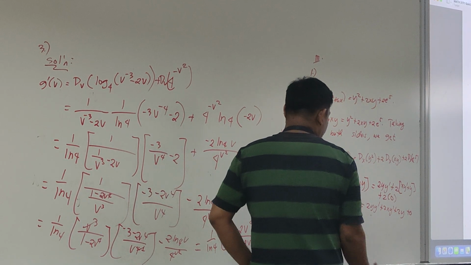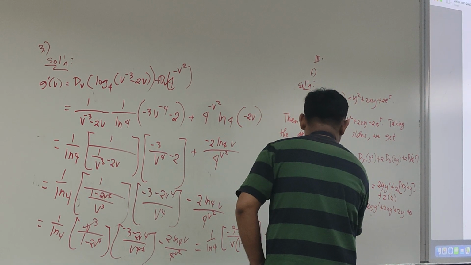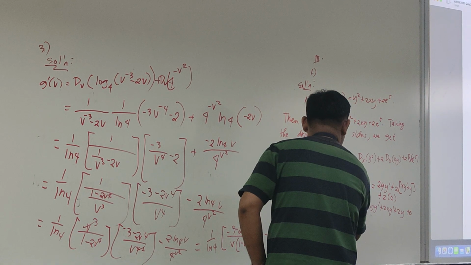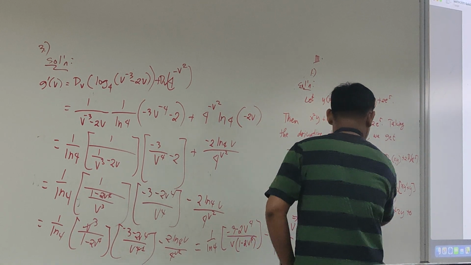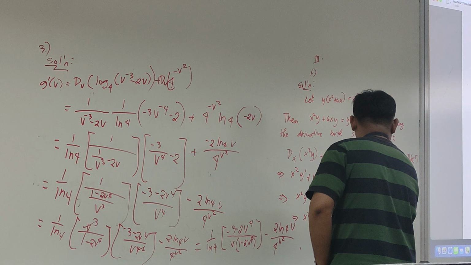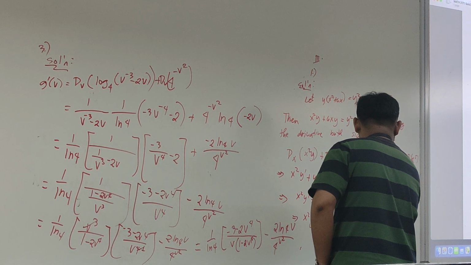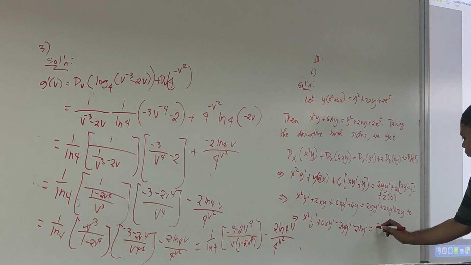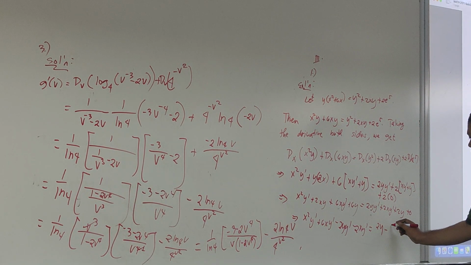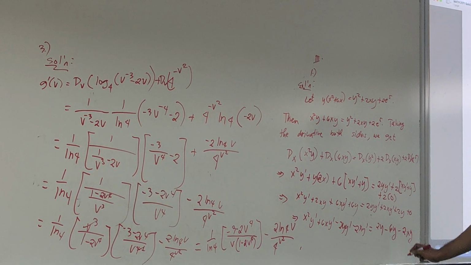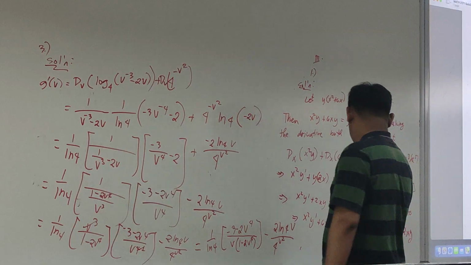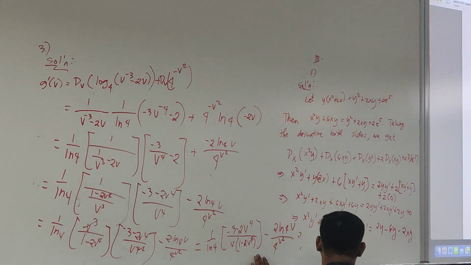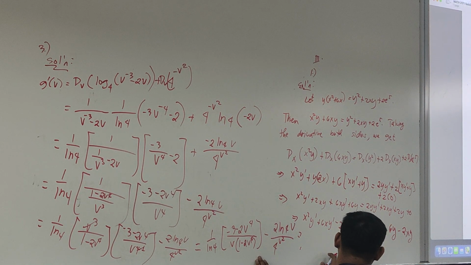So we need to isolate y prime. So x squared y prime plus 6xy prime, then we move 2y prime and minus 2xy prime, is equal to 2y minus 6y minus 2xy. So we have common terms, this one and this one.